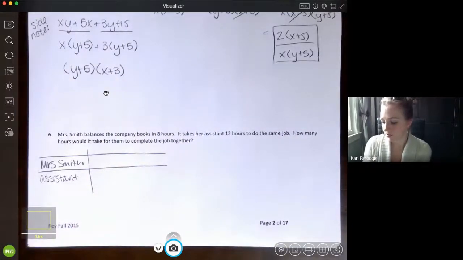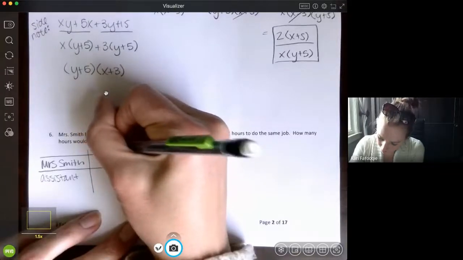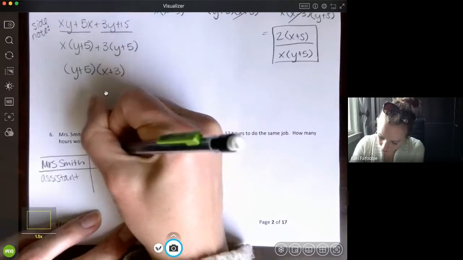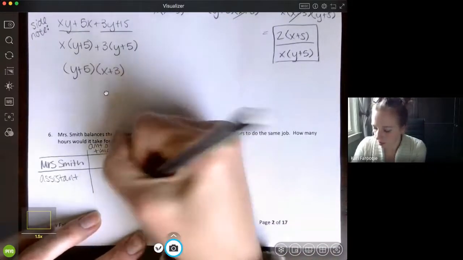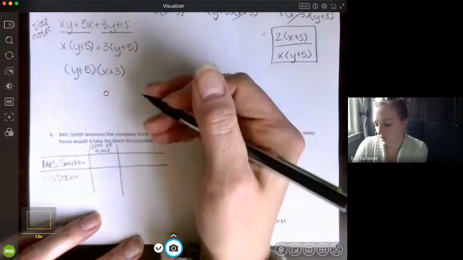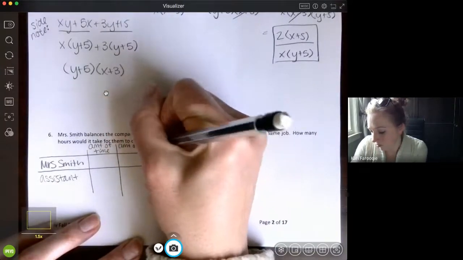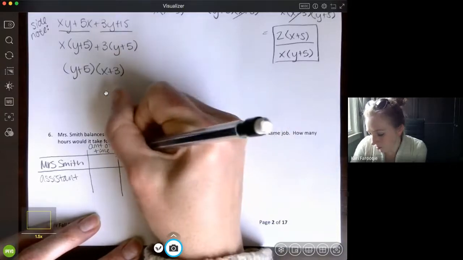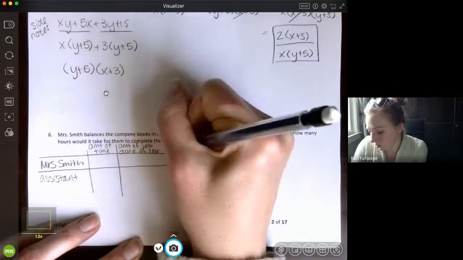Okay, so we said something about the amount of time that it takes the one person to do the job. And then we had another column where we said the amount of the job that was done in 1 hour.